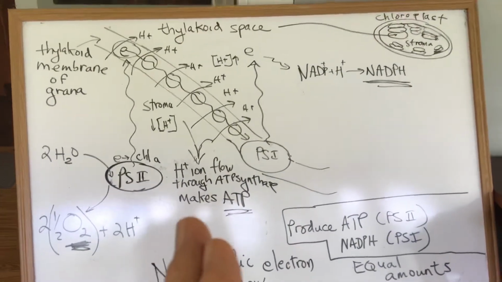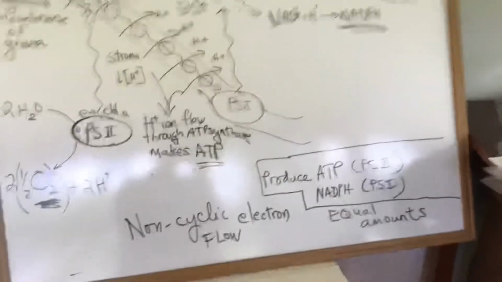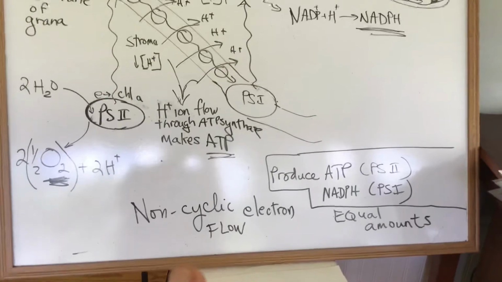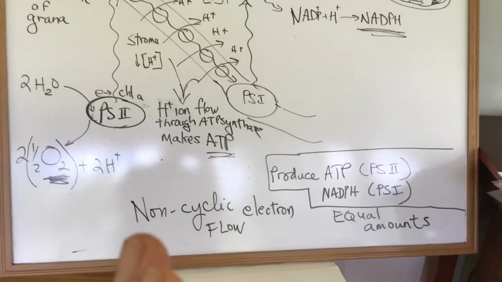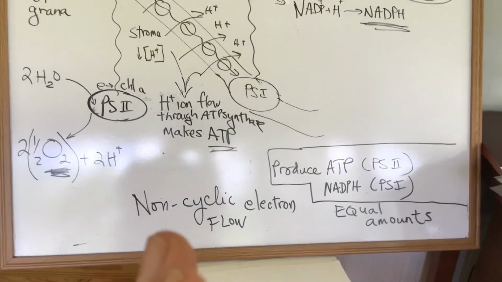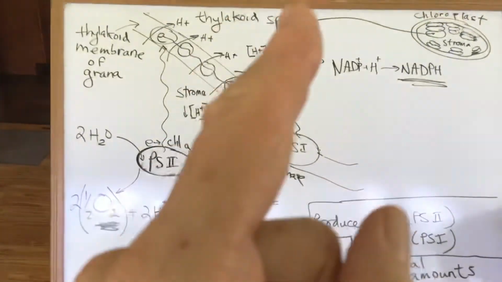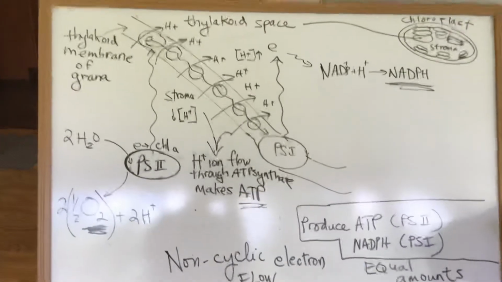All right, now the amount of ATP and NADPH are equal in this part that we were talking about, which is called non-cyclic electron flow. That is, the electron is not going around in a circle, it's just going in one direction.